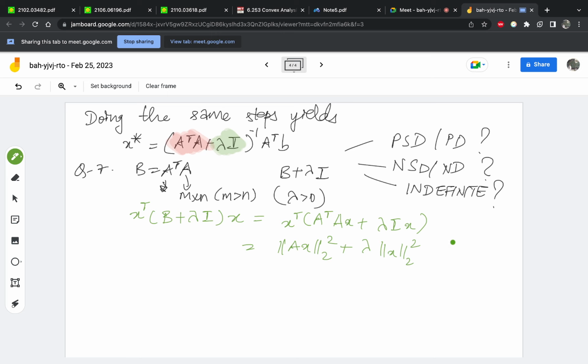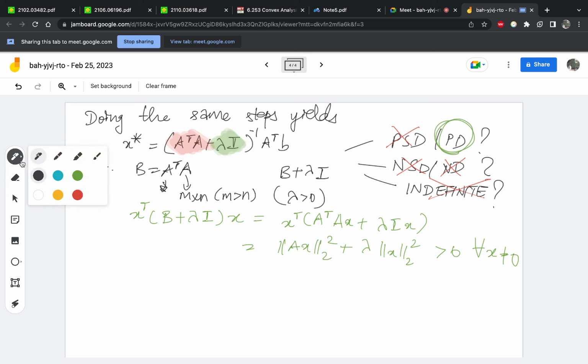Clearly this is greater than 0 for all x not 0. So our answer is this is positive definite, right? So this was the question.